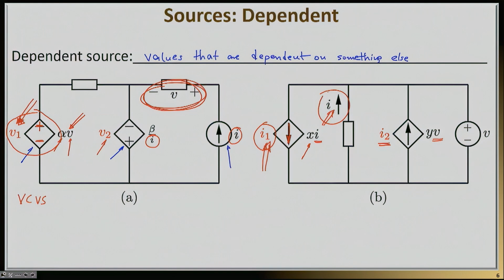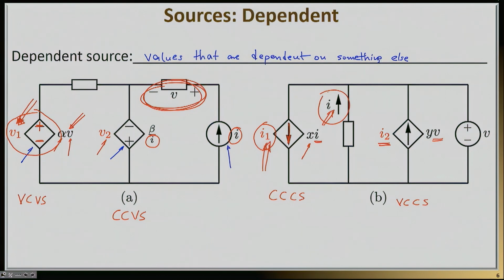Or it could be this source here is a current-controlled current source, CCCS. And there are all different combinations. For example, this source here is a current-controlled voltage source, CCVS. And finally, this one here is a voltage-controlled current source, or VCCS. So all different combinations are here, and all different names are here.